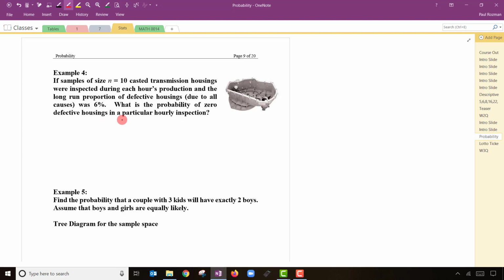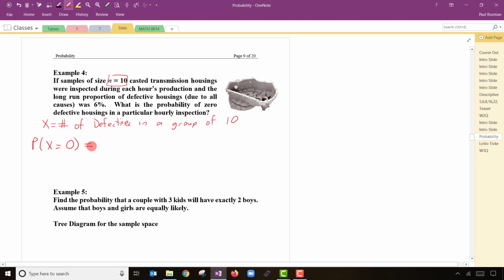So maybe we should define a variable x as the number of defectives in a group of 10. Like we're looking at 10 of these things. What's the probability of having none? So what's the probability that our x equals 0? No defectives.